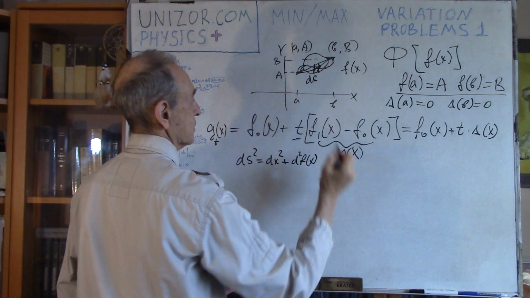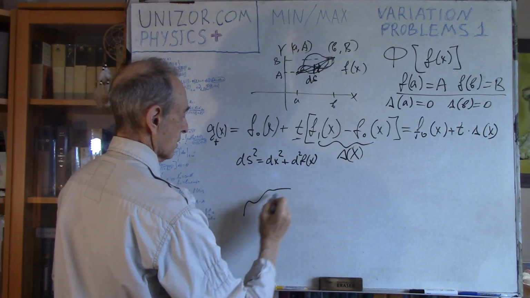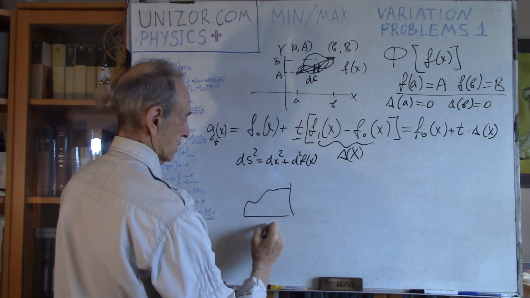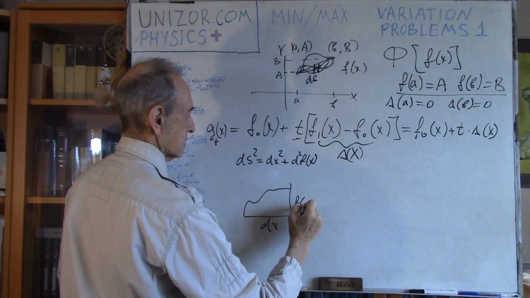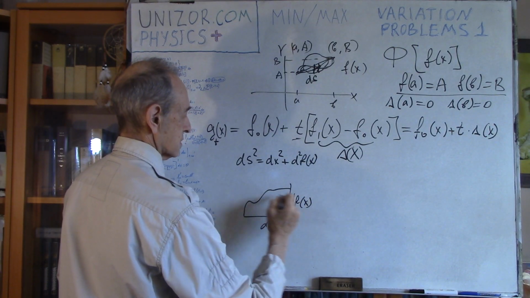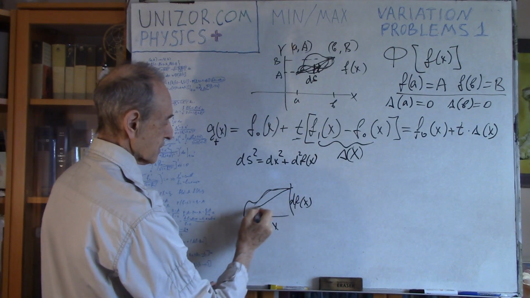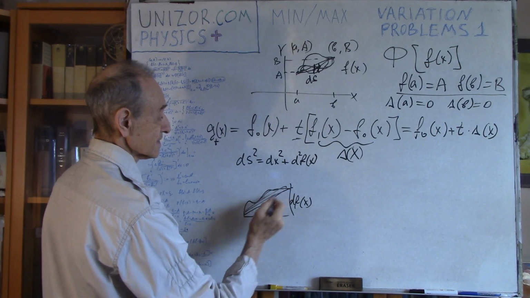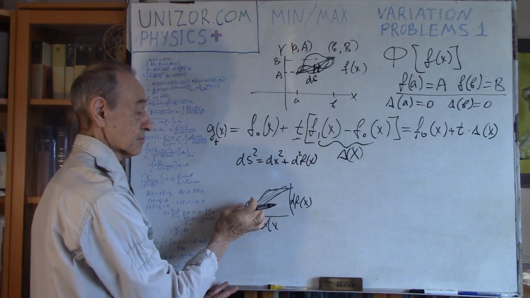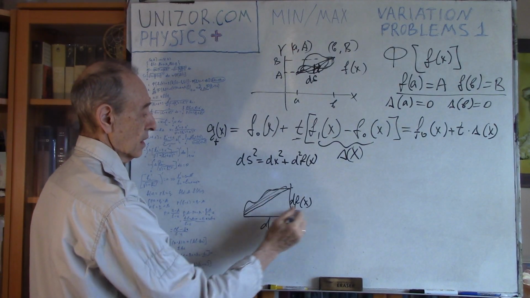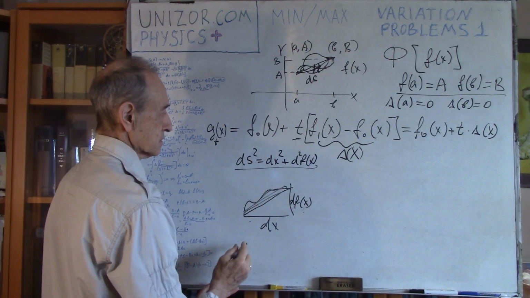That's the Pythagorean theorem. If this is a curve, this is dx, this is d f of x differential, and by the Pythagorean theorem, this gives the length of this infinitesimal piece of the curve.